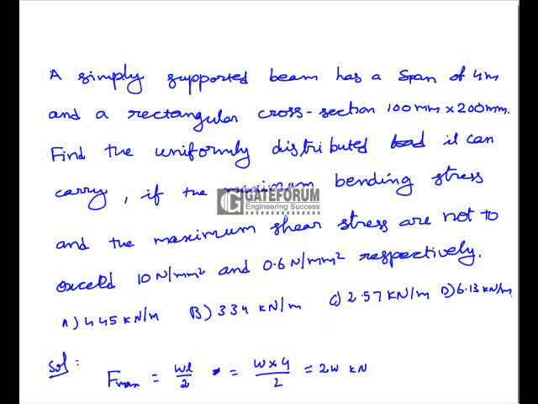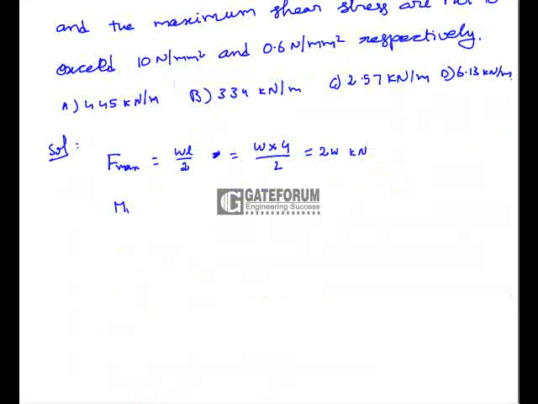And the maximum bending moment induced in the beam is equal to WL square by 8. It is equal to W into 4 square by 8, which is equal to 2W kilonewton meter. So these are the maximum bending moment and maximum shear force induced in the beam. So here we'll have to find out the value of W, that is the load per meter.